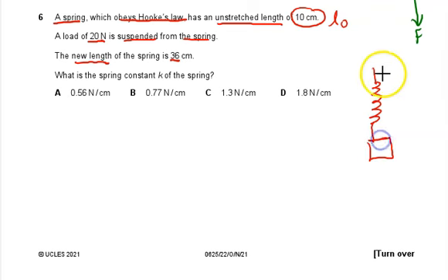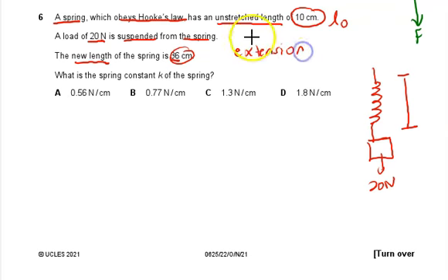So this is about 20 Newton and the new length here will be 36. So for your extension, we have to subtract the original length, which comes to 26 centimeter. So x is the extension, 26 centimeter.